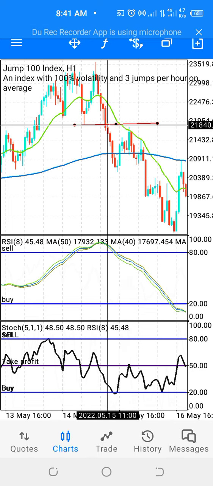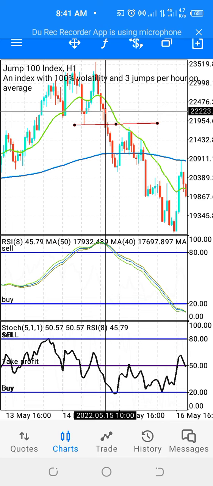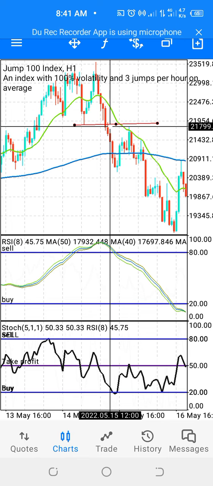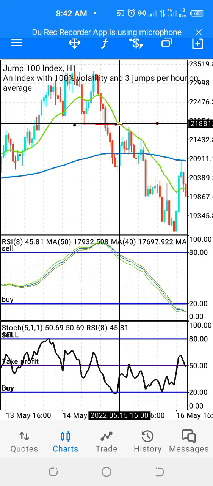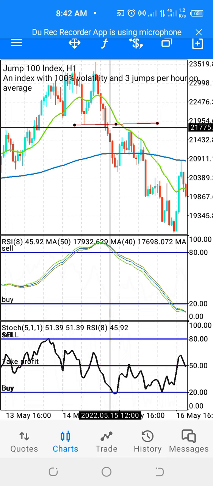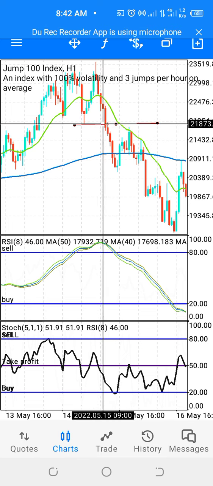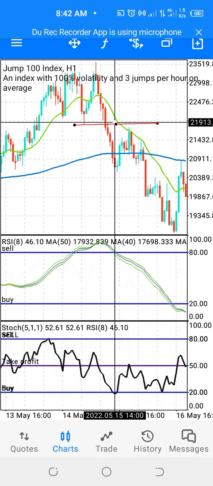When this red candle closes, its body has closed below this line. That is when I say that the market has broken the structure.